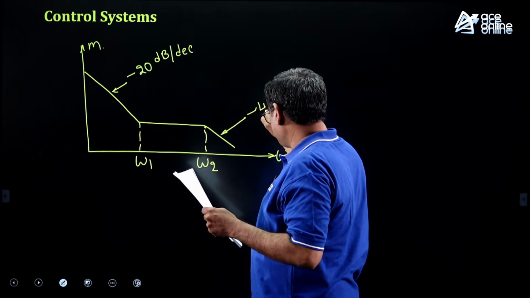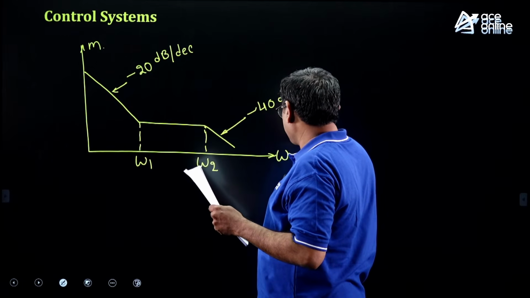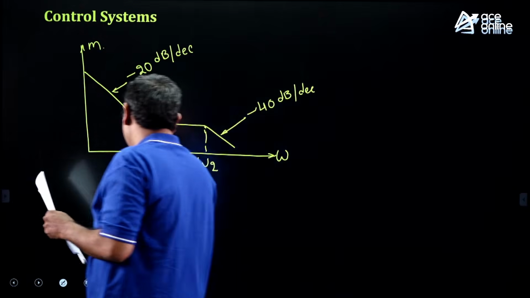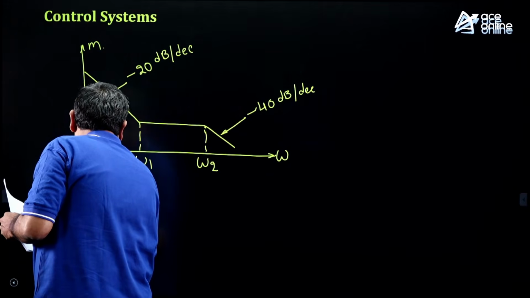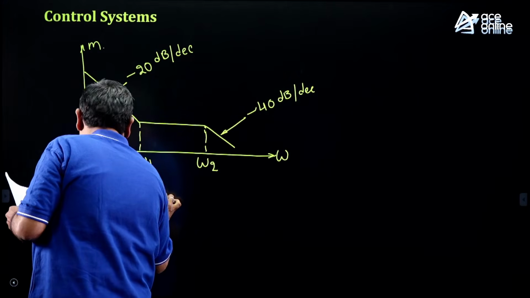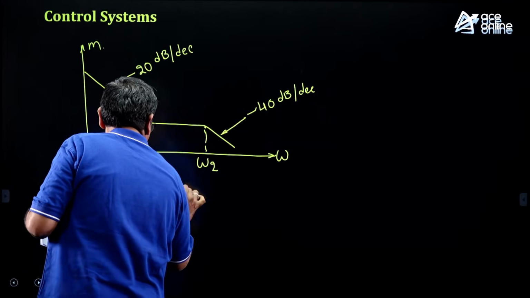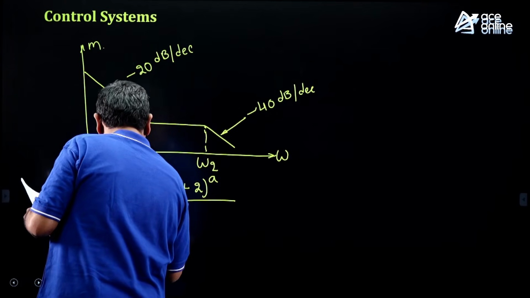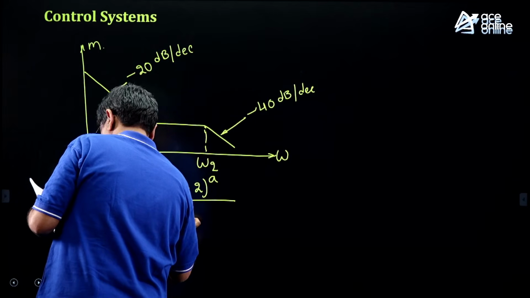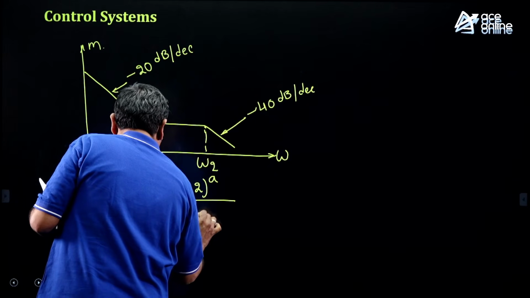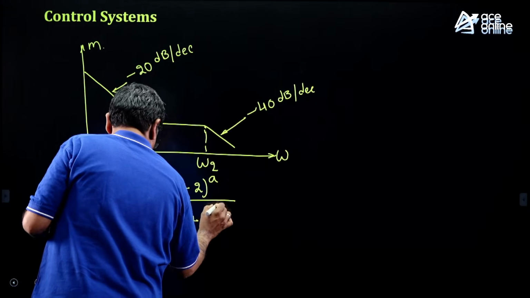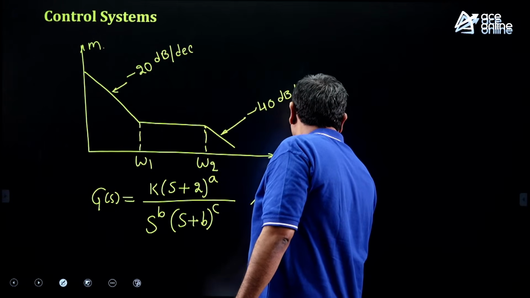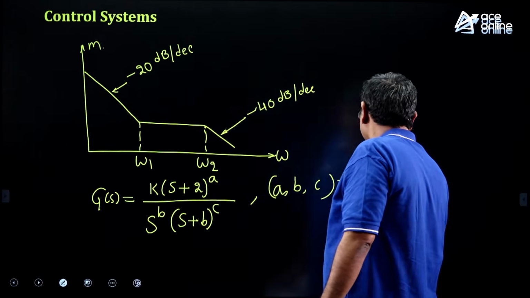Here minus 40 dB per decade. They given G of S, transfer function given, K into (S plus 2) whole power A by S power B into (S plus B) whole power C. They asked ABC values.